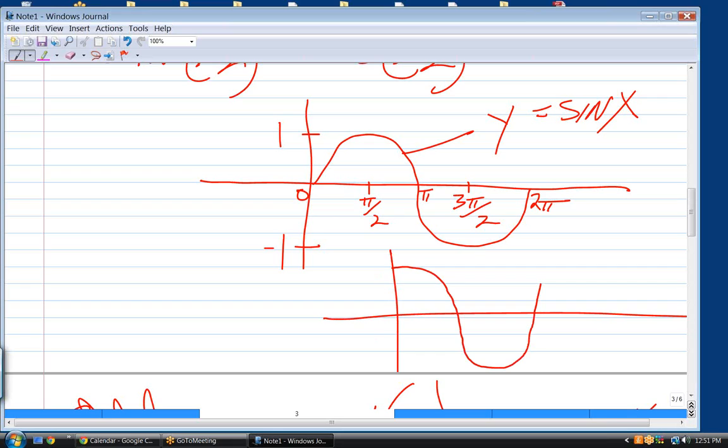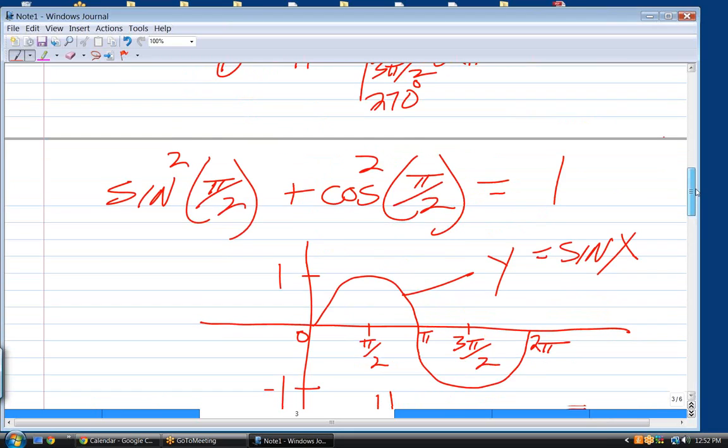It starts at 1 and goes down to negative 1, but the quarter points are the same. They're still pi over 2, pi, 3 pi over 2, and 2 pi, back to the beginning. So what's the cosine of pi over 2? That would be 0.